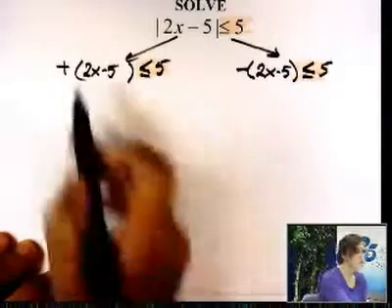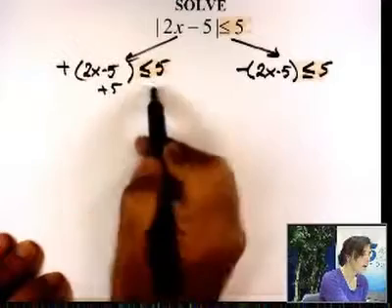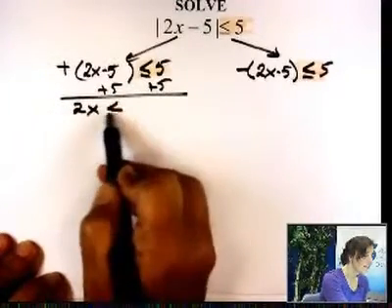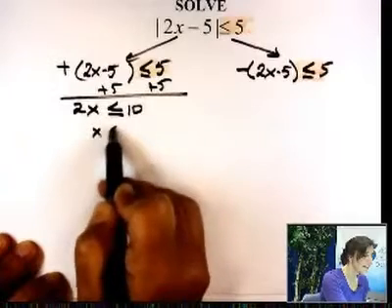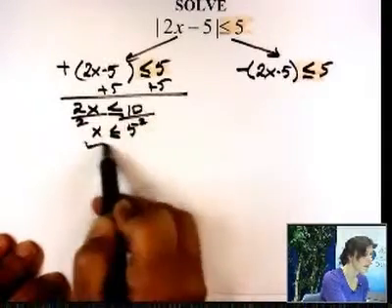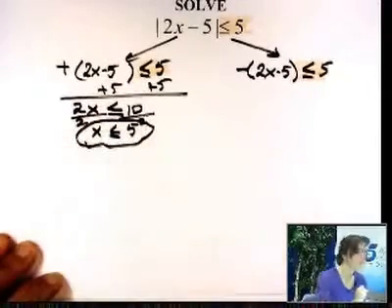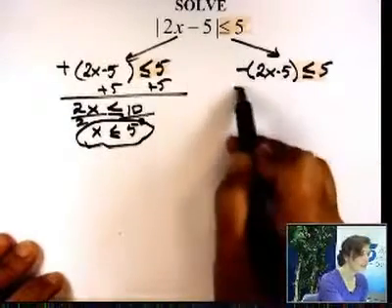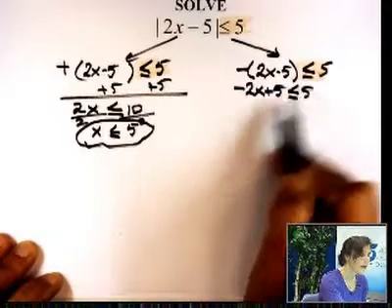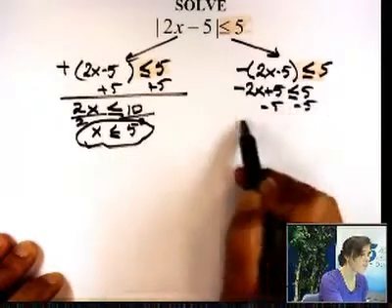All right, let's do this one. You're going to add positive 5, 2x less than or equal to 10, x less than or equal to 5. You divide both sides by 2. Here's 1. Let's do this one. Work the negative in. Subtract 5.